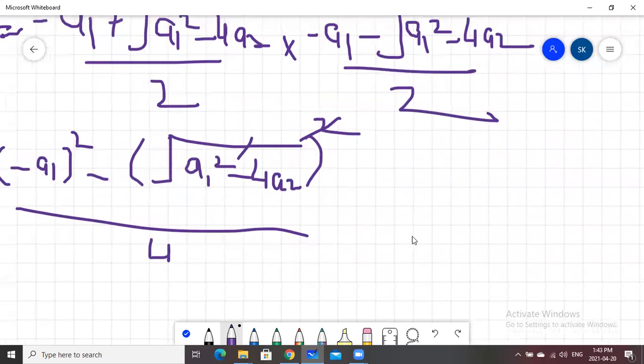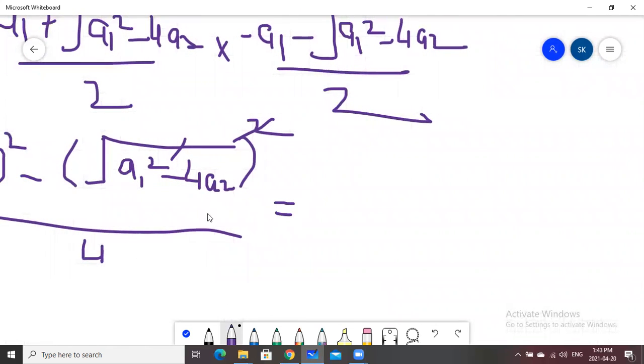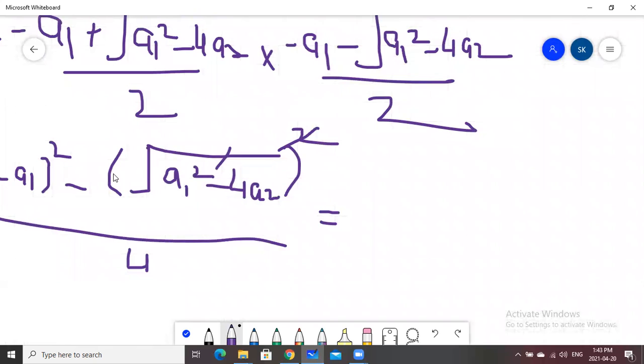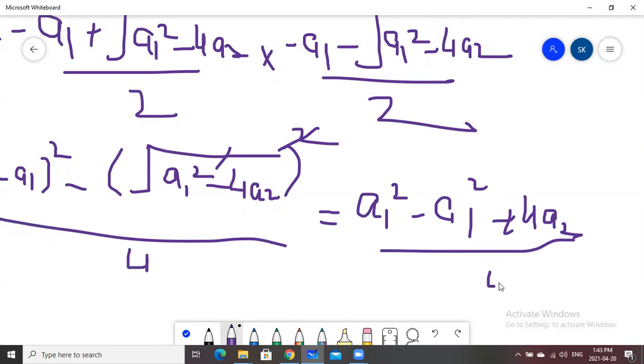What we will get over here is minus a1 the whole square, which will become plus a1 square. So we will get a1 square minus a1 square, and minus minus is plus, plus 4a2 divided by 4.